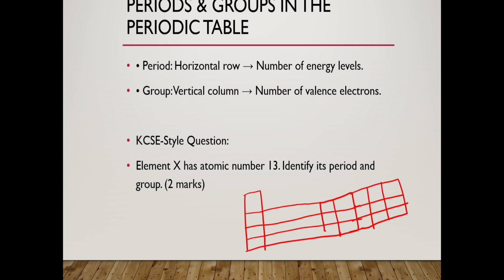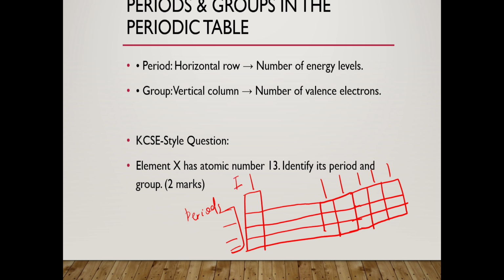So usually the ones on the horizontal rows, which is this way, are the periods. The ones on the vertical rows, which is these ones, are usually the groups, and the groups are written in Roman numerals.